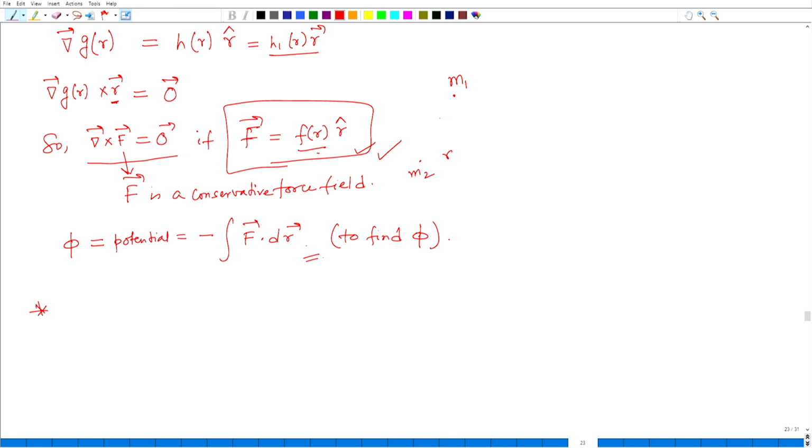The force with which m2 is attracting m1 is nothing but minus G m1 m2 by r cube times r vector, where r cap is in the outside direction from m2 to m1. That is why minus r cap means it will be towards m2. That we all know.